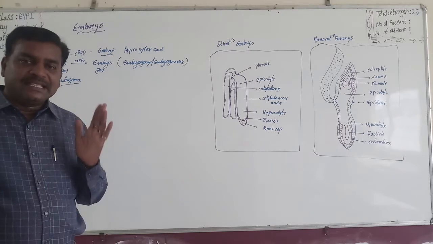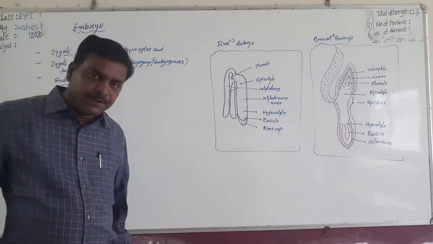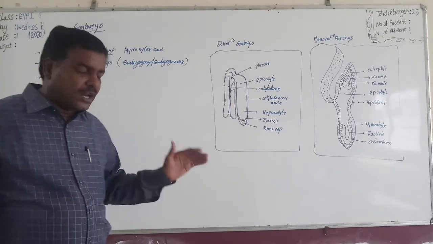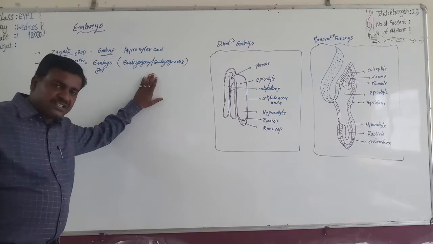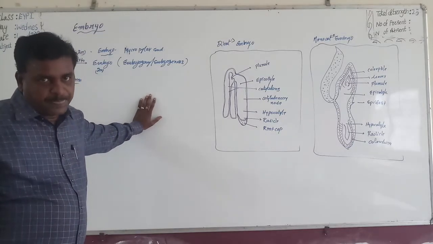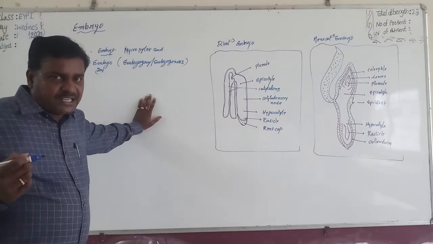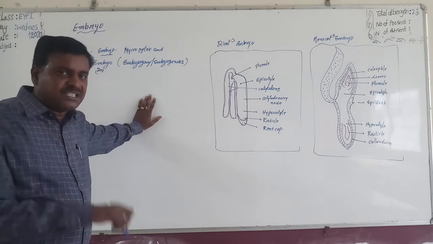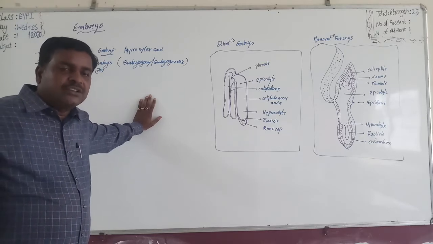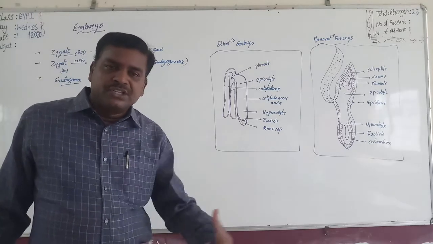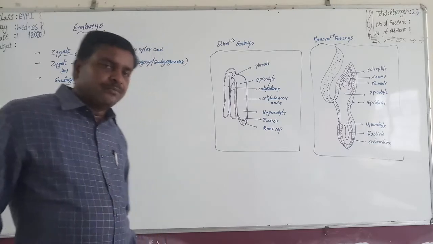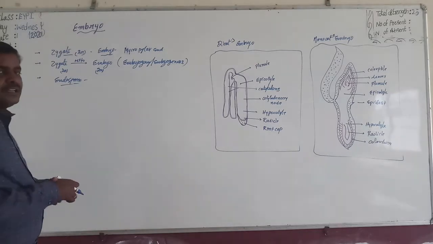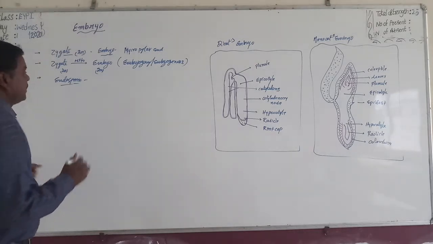Only a certain amount of endosperm is formed first, and then embryo development starts.